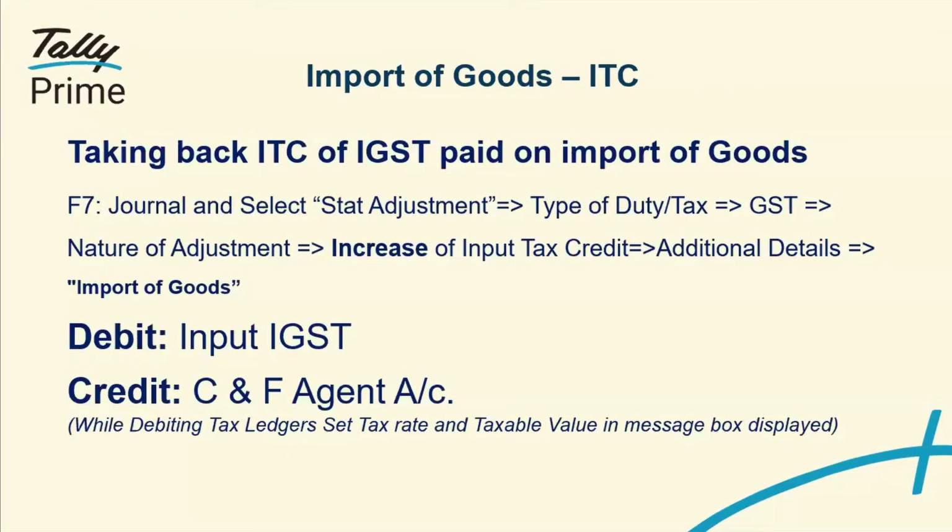They charge you some service charges and other expenses along with the IGST payment, even the customs duty, and they raise a separate invoice. In that case, I need a separate entry here by using the stat adjustment entry for import of goods.